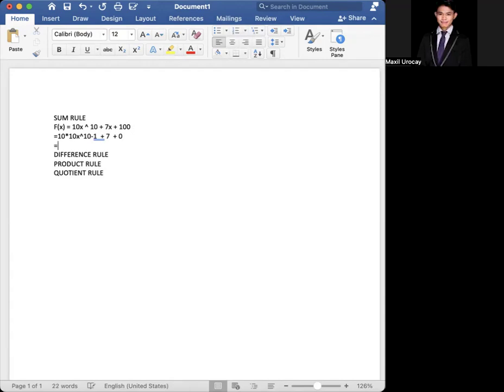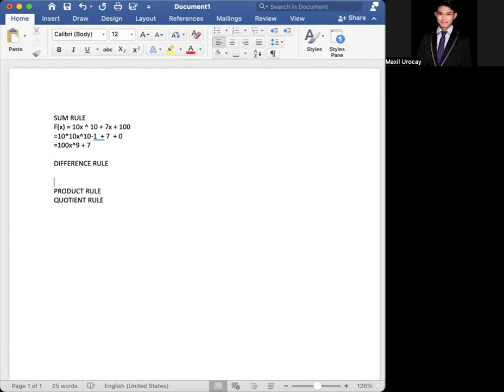So it will become 100x to the power of 9, and then plus 7. Okay, that's the answer actually. Basic. So you can easily work on that already.